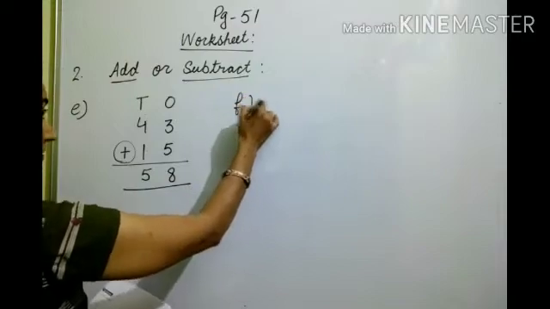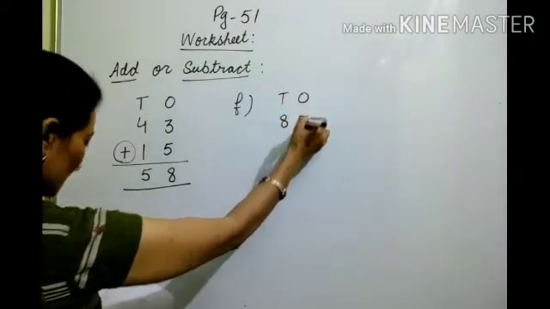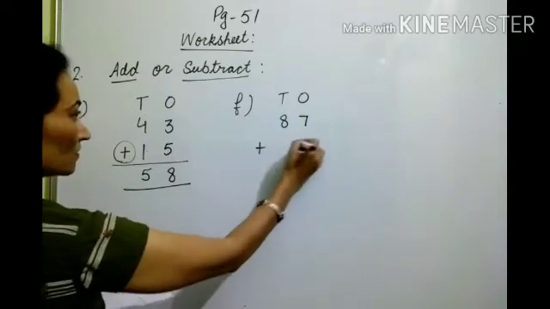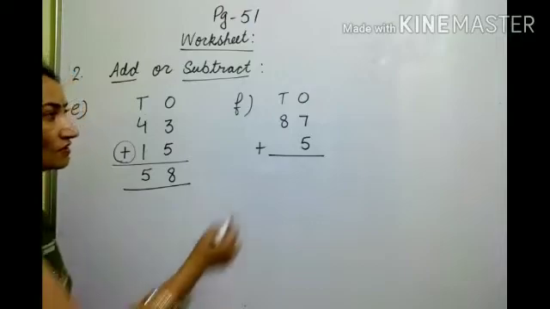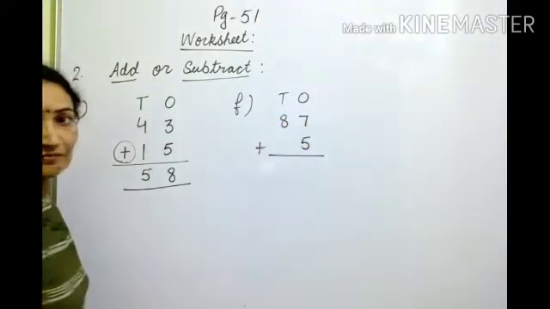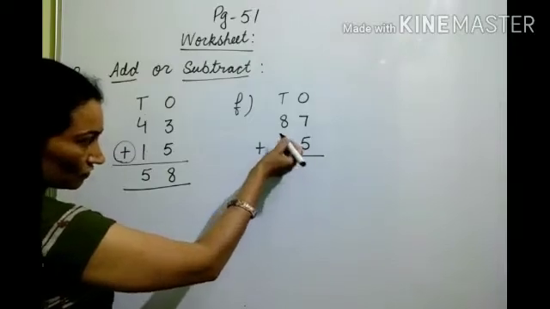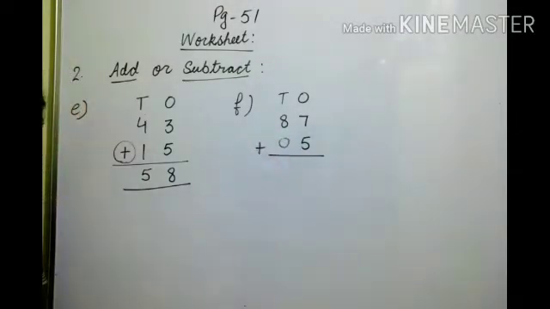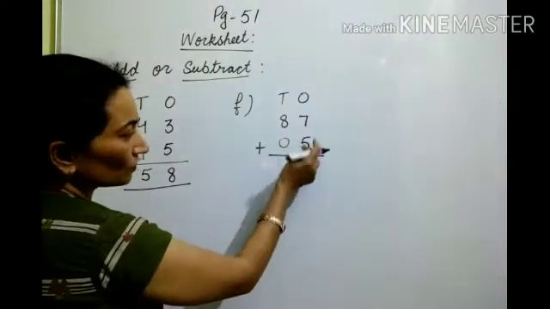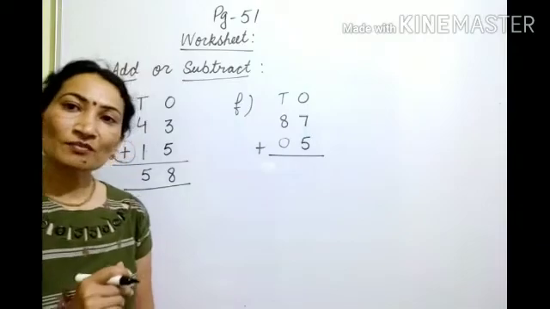F part. We are given two numbers, 87 plus 5. Now 5 is a one-digit number, so we will write it in the ones column, and in the tens column, if we write 0, then no change. We can leave it blank. We can write 0 here, because 0 before any number will not change the value of the number.